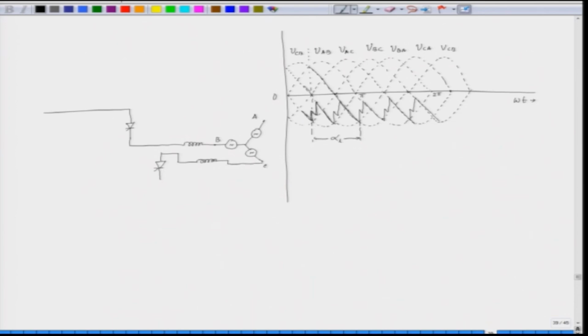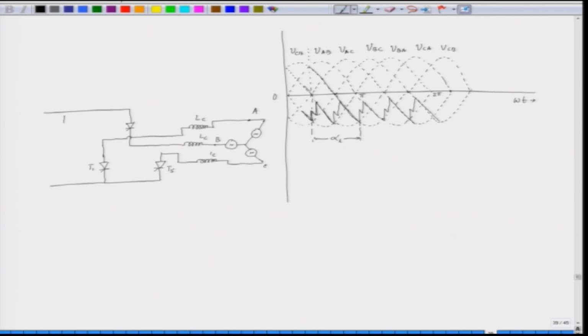This is connected to phase C, and now we trigger thyristor T1. This is T5 and this is T1. When we trigger T1, this is connected to phase A. These are the commutating inductors, and the process is like this.